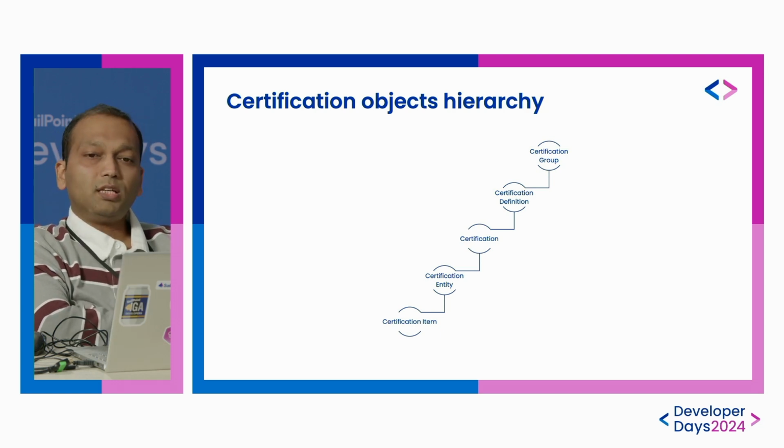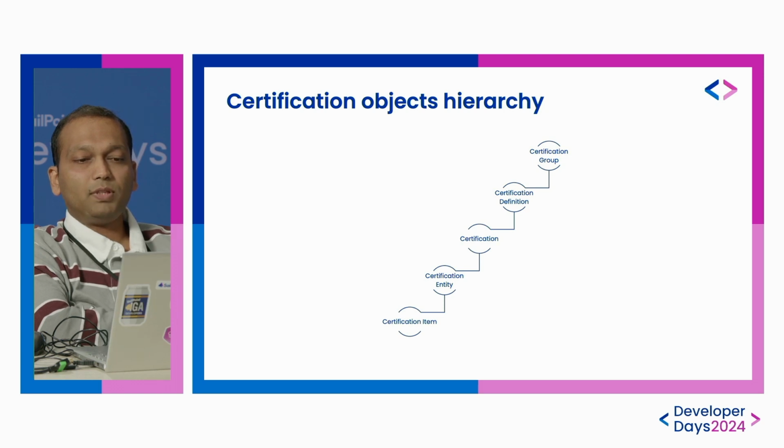In the hierarchy, the first object at the top is certification group. Under certification group, there is certification definition. Under certification definition, there is certification. Under certification, there is certification entity, and then there is certification item.